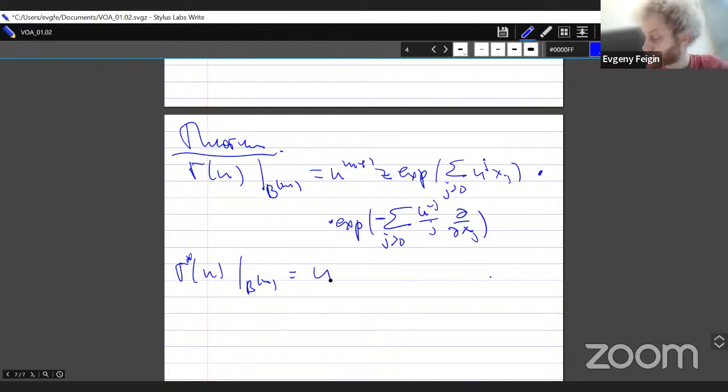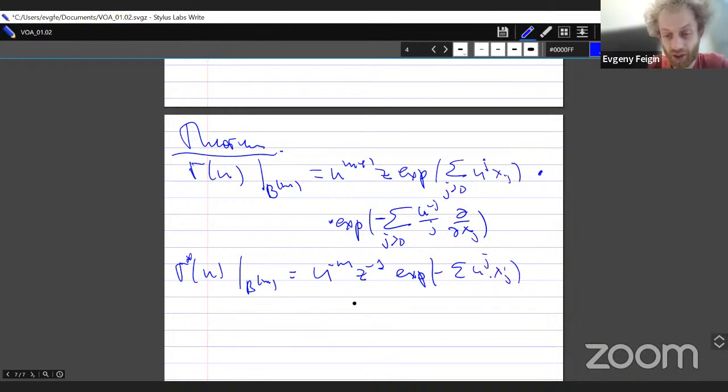this is u to minus m, z inverse, and c still, exp of minus the sum of u to the j xj, times exp of the sum over j positive of u to the minus j over j times d over dxj.